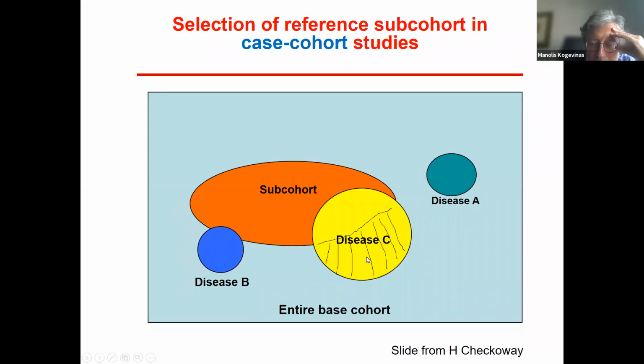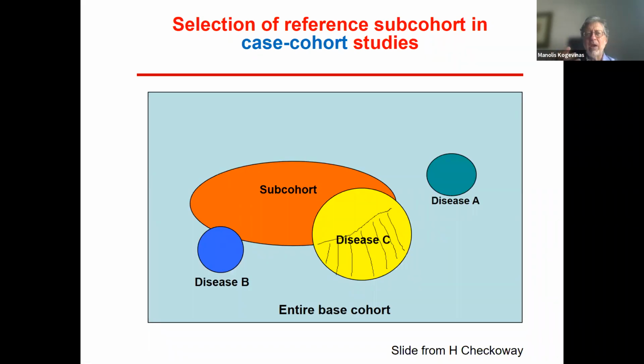And this is what adds complexity. Because if you think of it, by adding to this random subcohort more cases, we are biasing our sample. It is not any more random. And that's where there is a trick in the analysis where you have to take into account different weighing factors. But that's all of it.